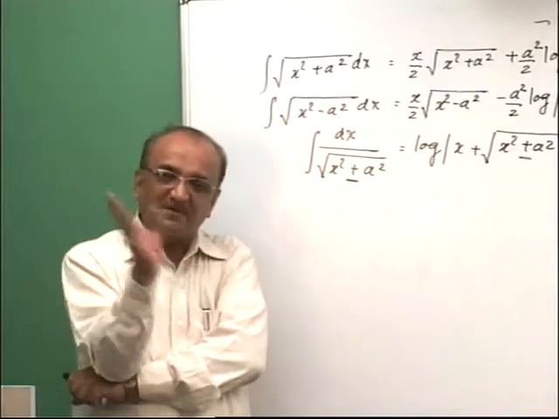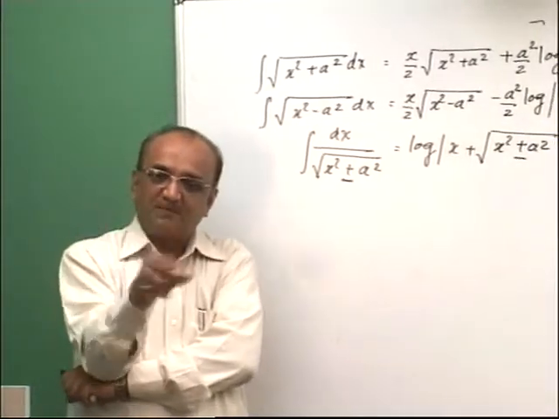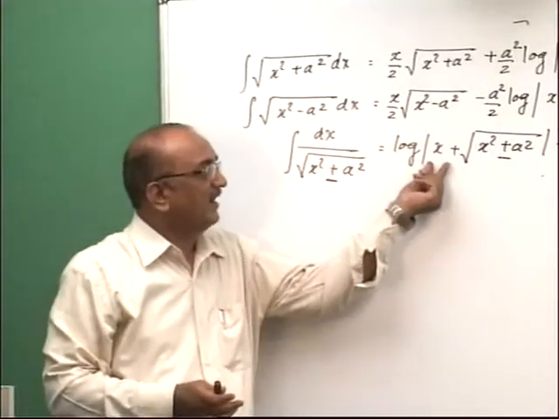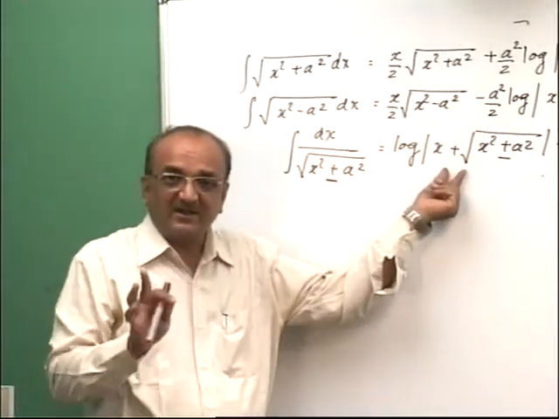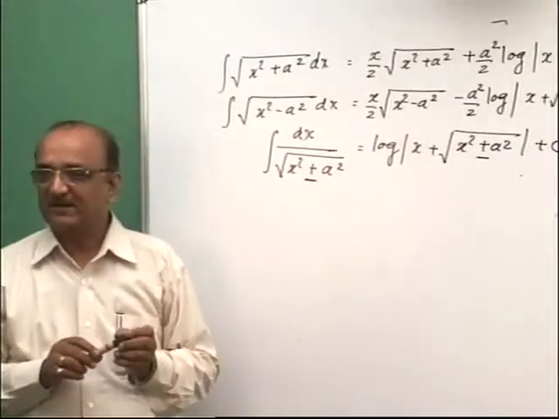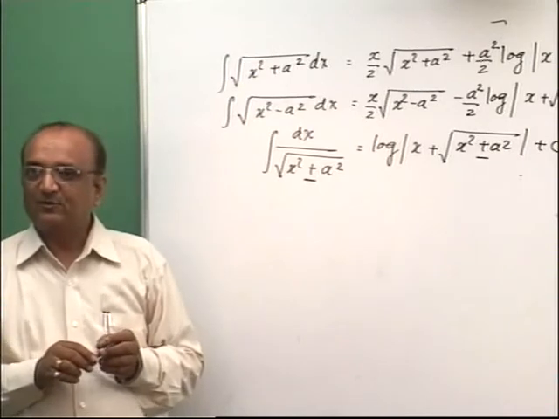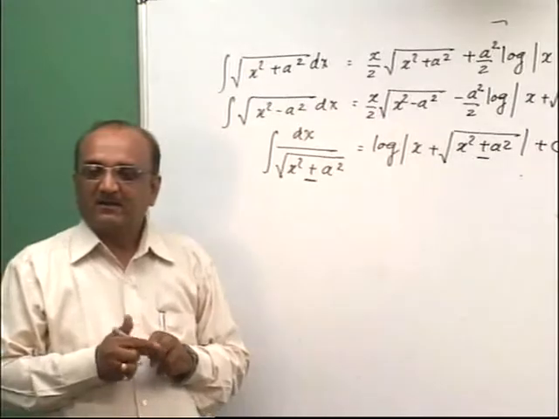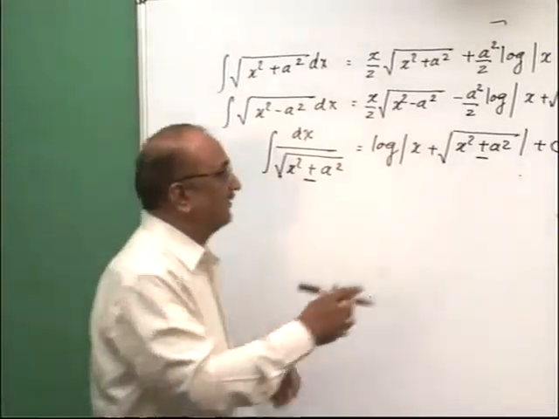And if dx upon root of x squared minus a squared is given, then you can write logarithm of x plus root of x squared minus a squared, plus c; there is no change. Two forms are new, one is the revision part. Right? Now see the example.